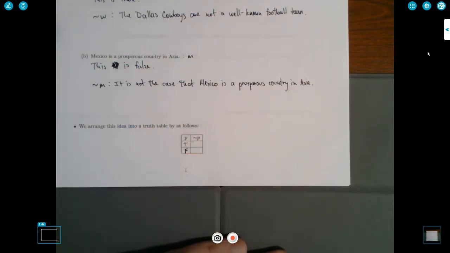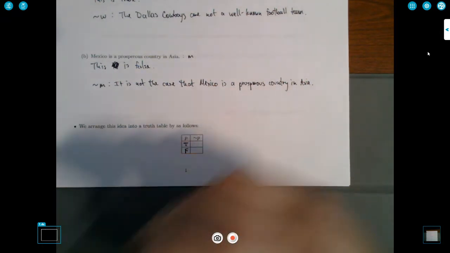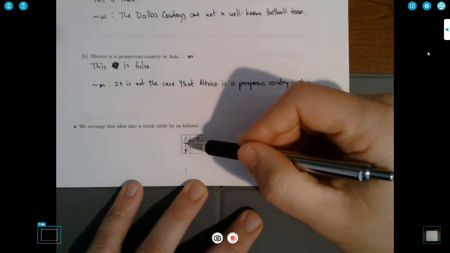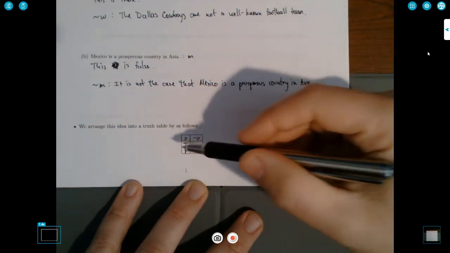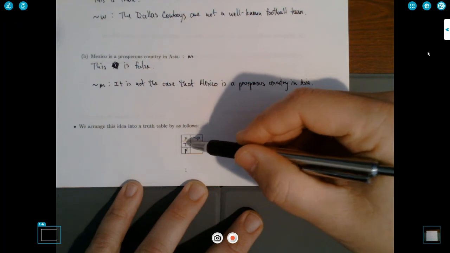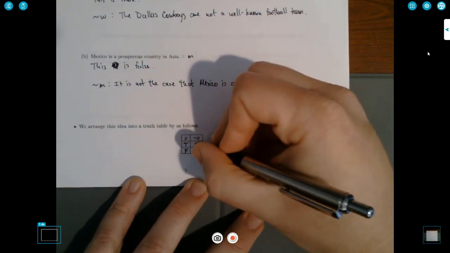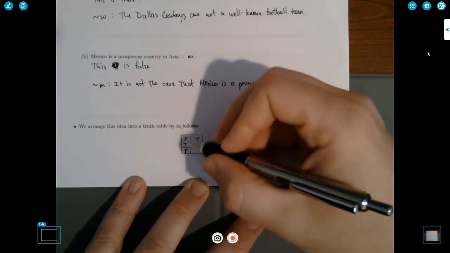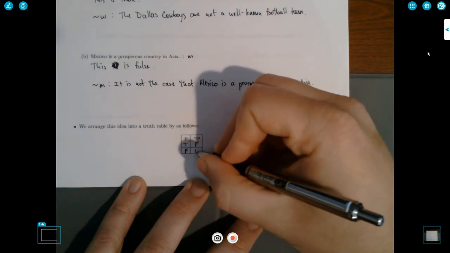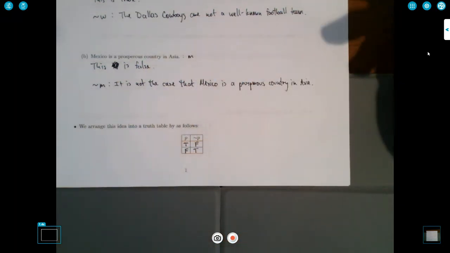In the entries in the table, we put the truth values, right? Whether the statement is true or false. If the original statement is true, then its negation is false. If the original statement is false, then its negation is true. So that's how we would complete a truth table for the operation of negation.